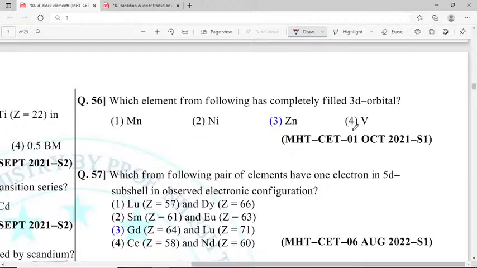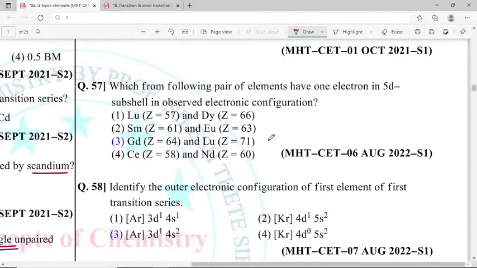Which element from following has completely filled 3d orbital? Zinc, 3d10, atomic number 30. Which from following pair of elements have one electron in 5d subshell?